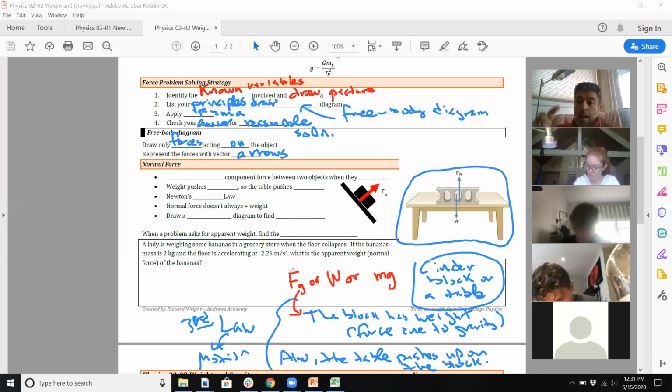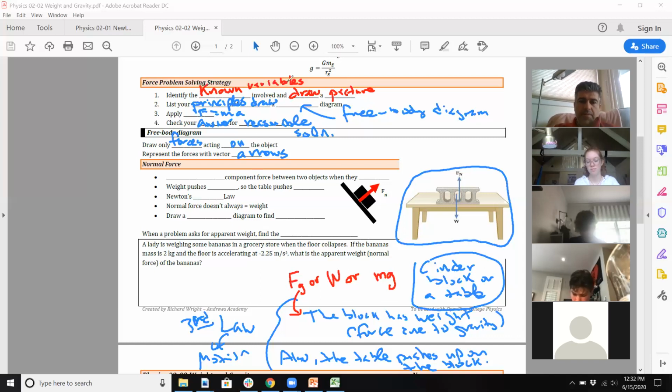So you can do capital F with a subscript g, or you just go with a capital W, or you can go two lowercase letters m and g. They all mean the same thing. That's just a force due to gravity. We all have it, whether you're sitting in your chair, lying on your couch, in a hammock, or on the grass in your backyard. We all have that.